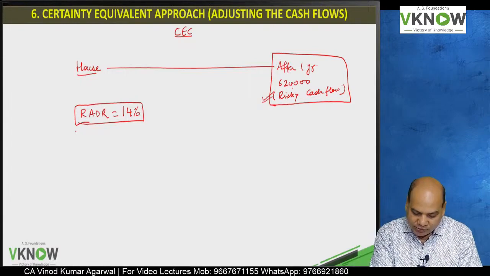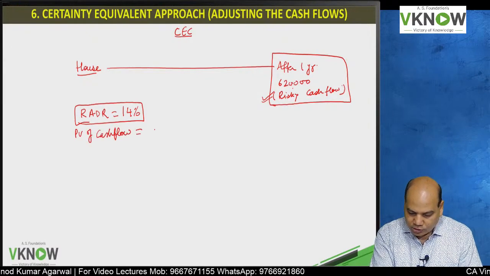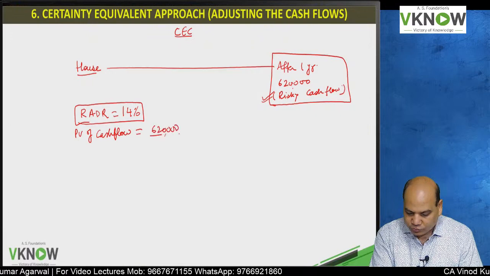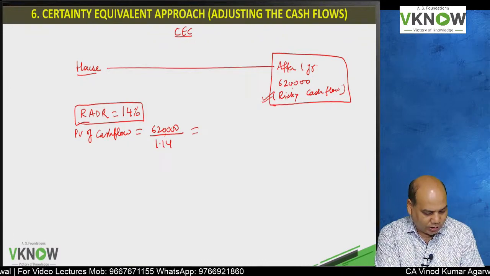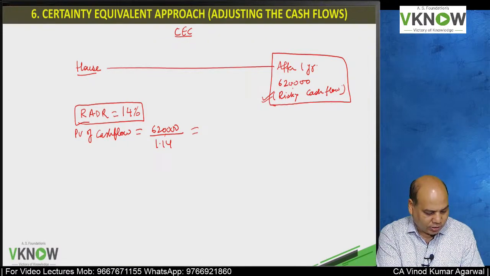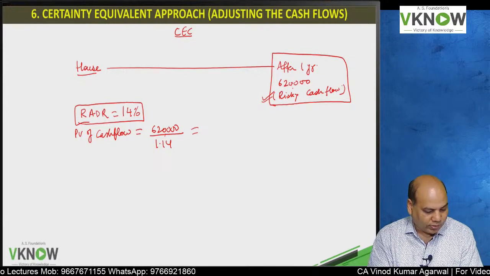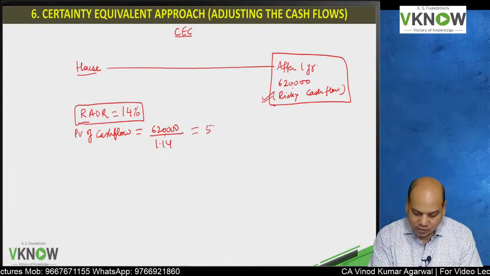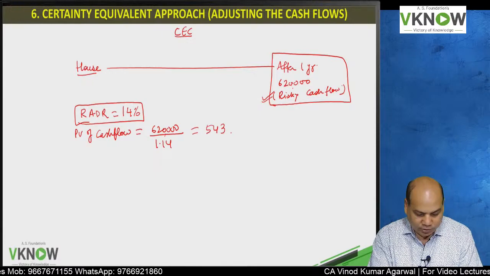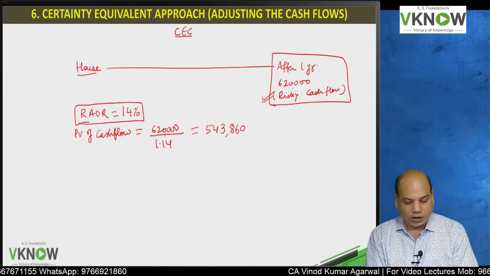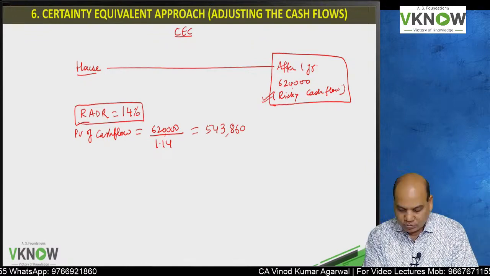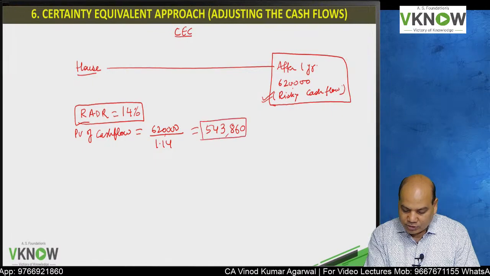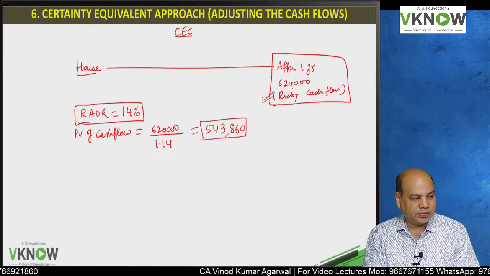So my present value of cash flow will be 6,20,000 divided by 1.14. Can you do the calculation and give me the answer? This comes to approximately 5,43,860, plus minus 1 rupee is okay. So present value of this house is 5,43,860.